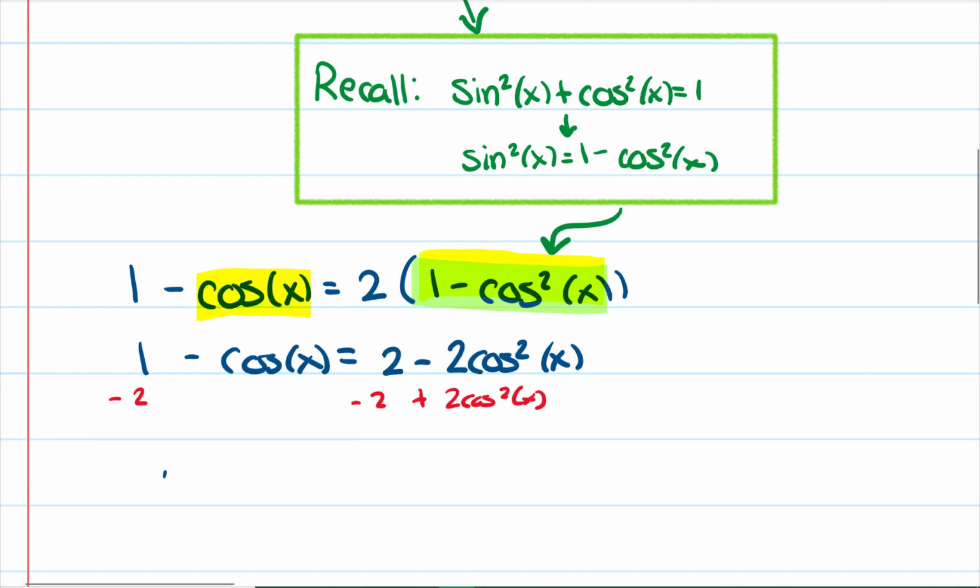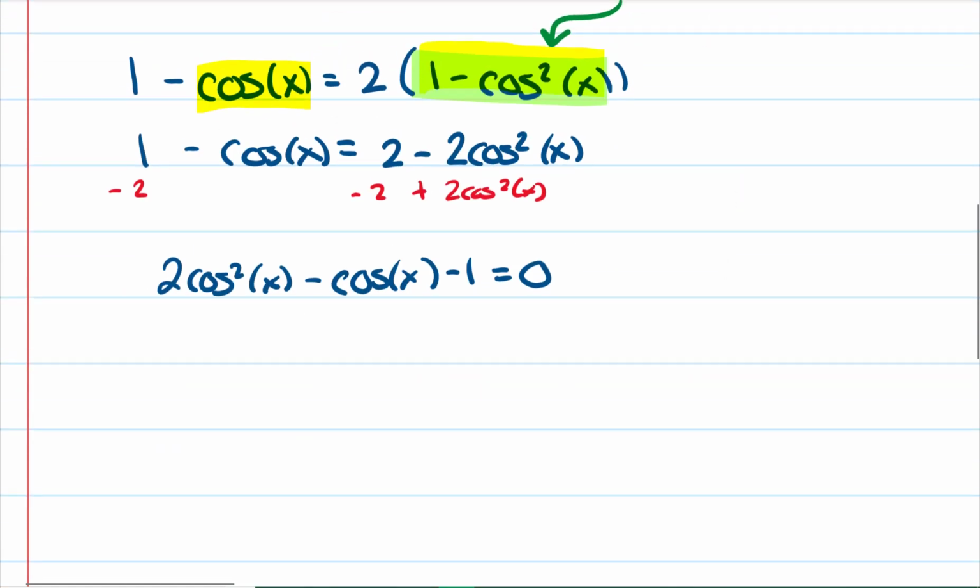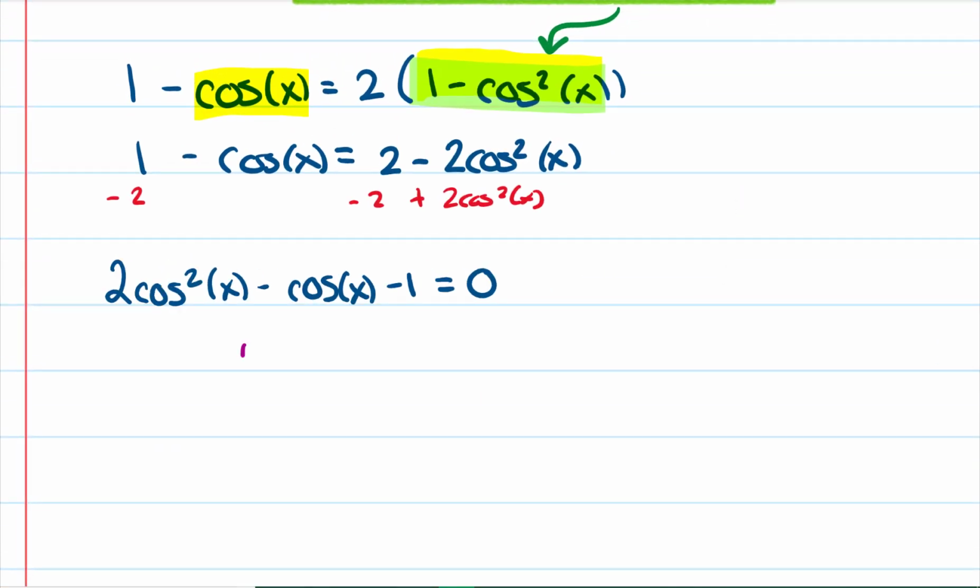So then I get 2 cosine squared of x minus cosine of x minus 1 is equal to 0. Then I'm going to do my little trick where I let u equal cosine of x. So I get 2u squared minus u minus 1 is equal to 0.